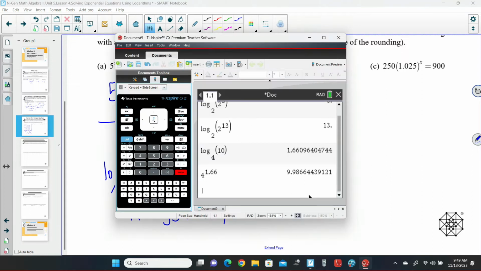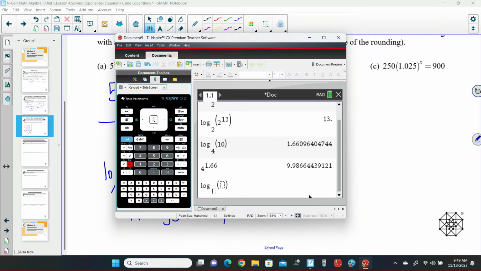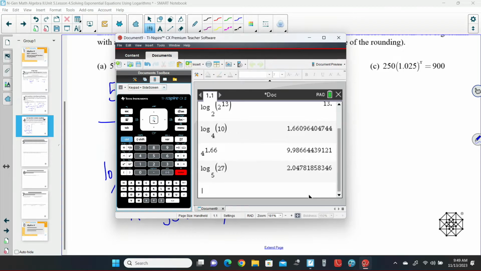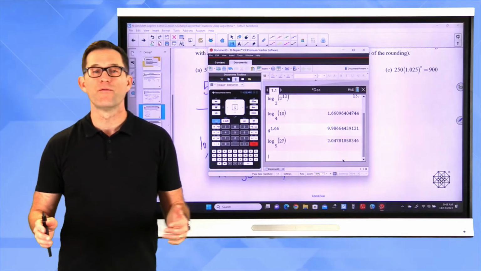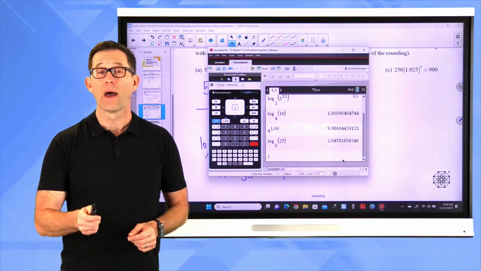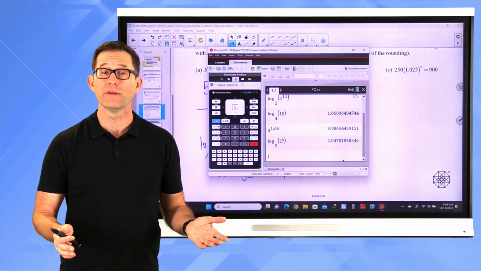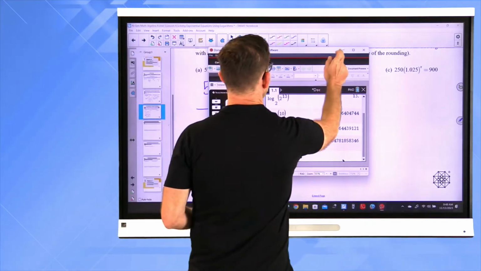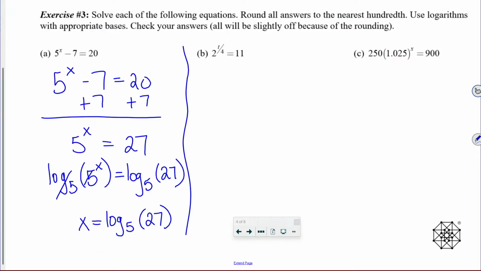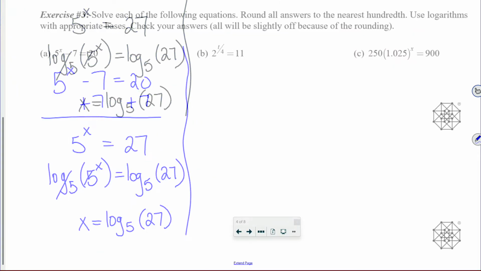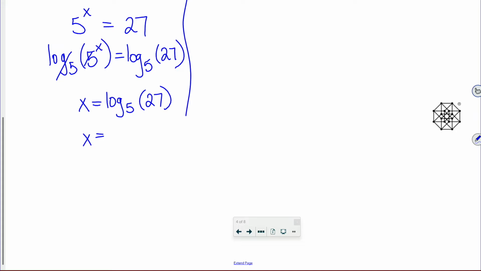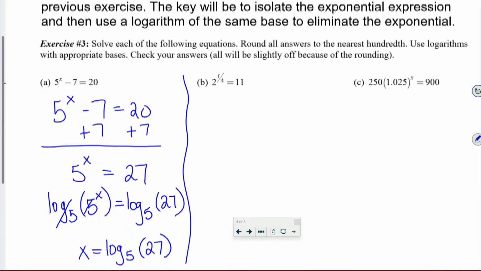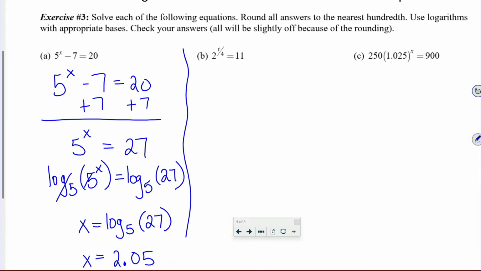We just need to figure out what the log base 5 of 27 is. There it is, right? 2.047, etc. Rounded to the nearest hundredth, 2.05. Let's go back in and let's extend the page a little bit more. X equals 2.05. And now let's go back up to the rest of them.